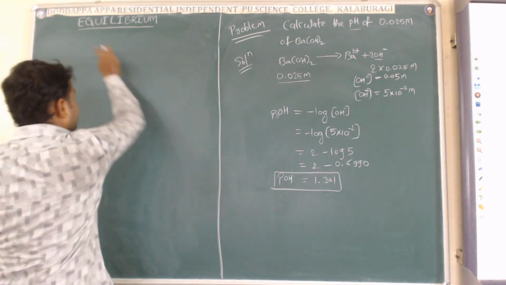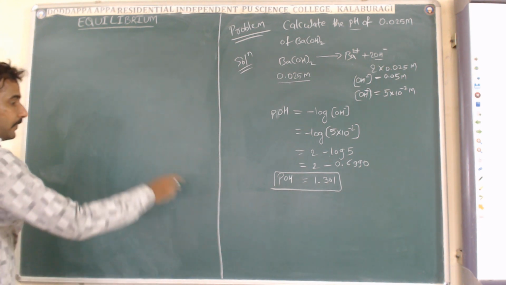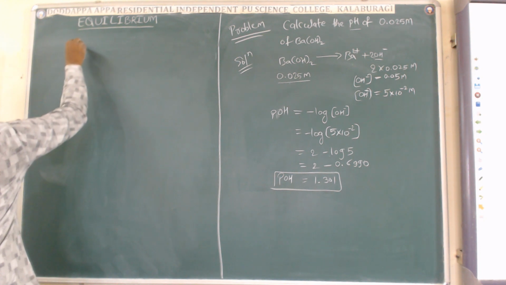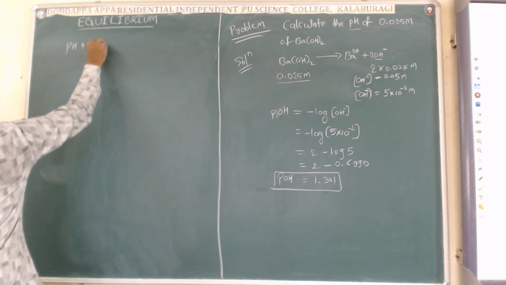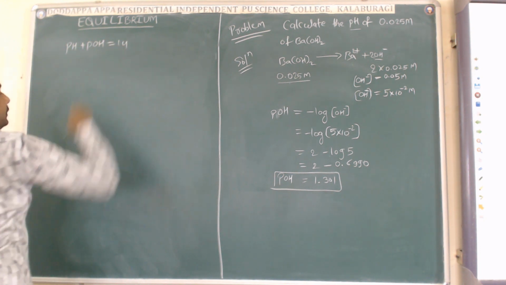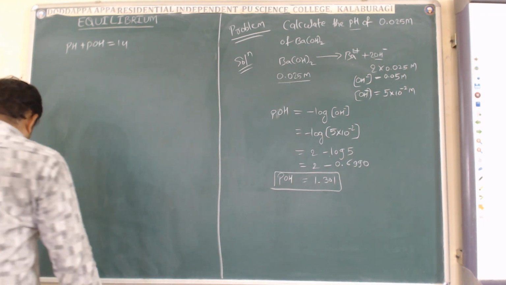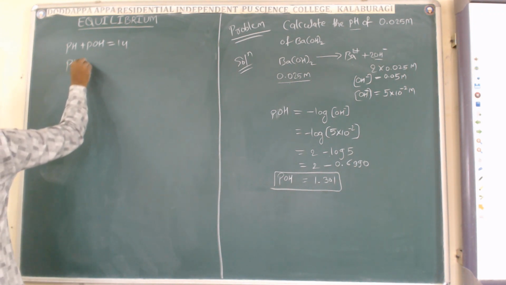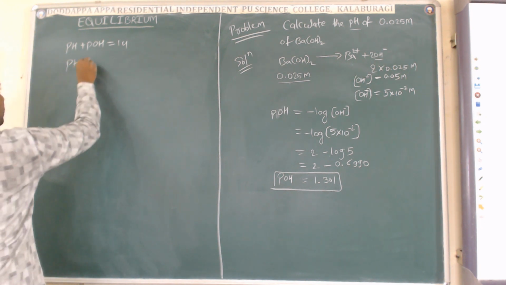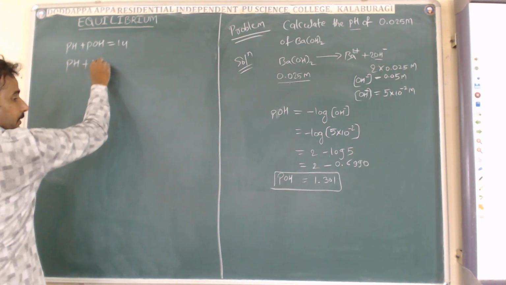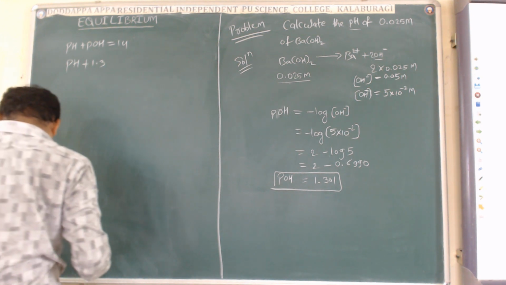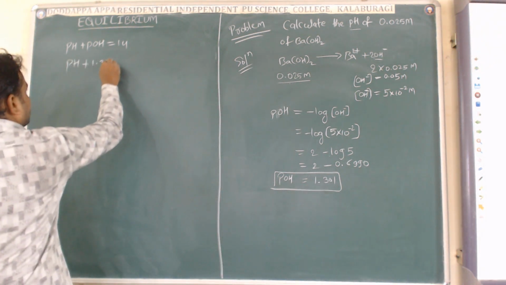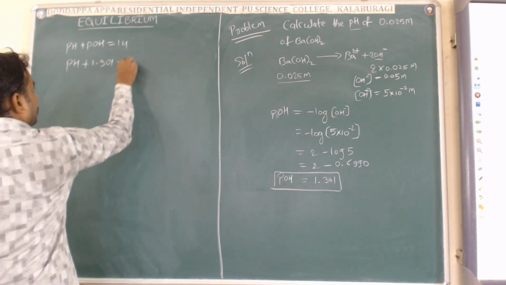Next, I will write on this side. We found the pOH. Then you write pH plus pOH is equal to 14. Now we put in the pOH value: pH plus 1.301 equal to 14.